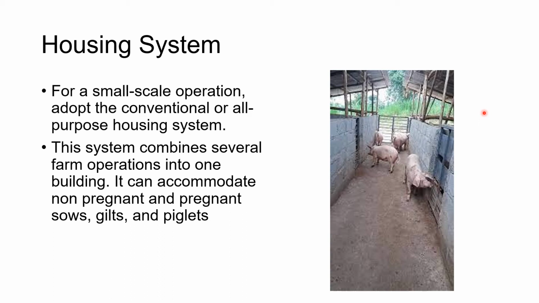This system combines several farm operations into one building. In just one building, the suckling, finishing, growing, farrowing, and gestating operations all take place inside that building. It can also accommodate non-pregnant and pregnant sows, gilts, and piglets.